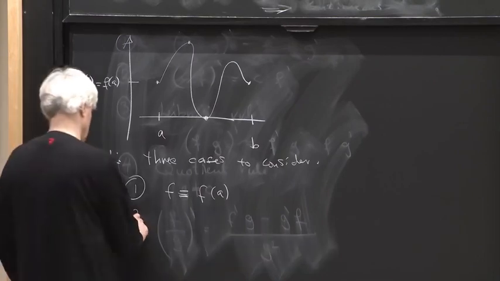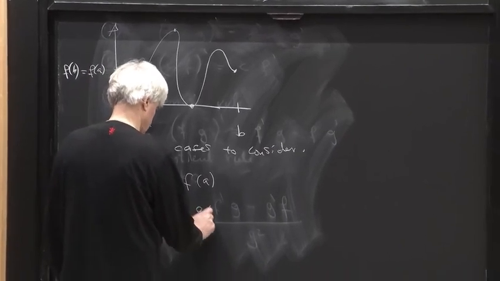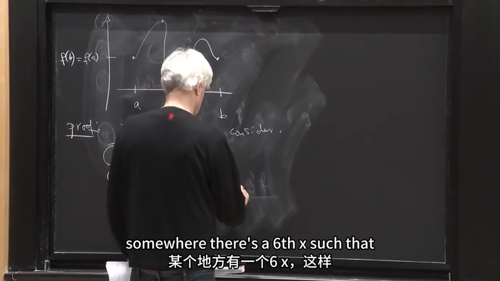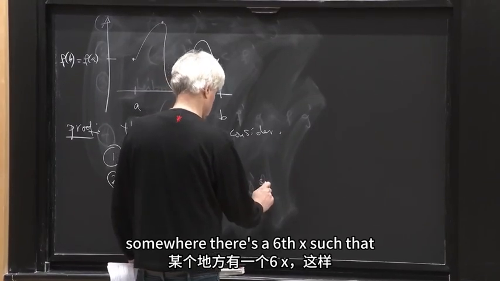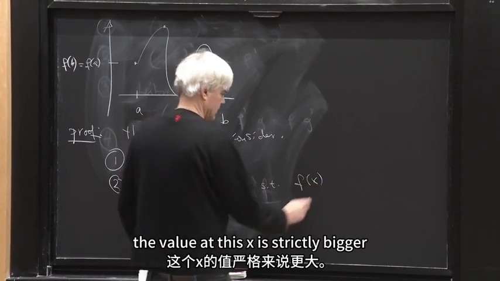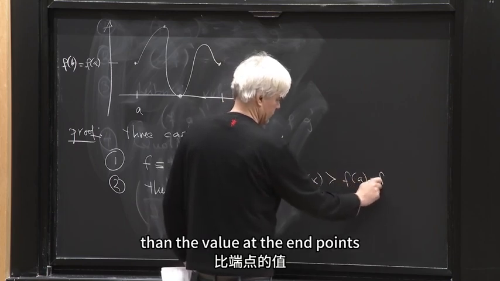Case 2, there exists somewhere x such that the value at this x is strictly bigger than the value at the endpoints.